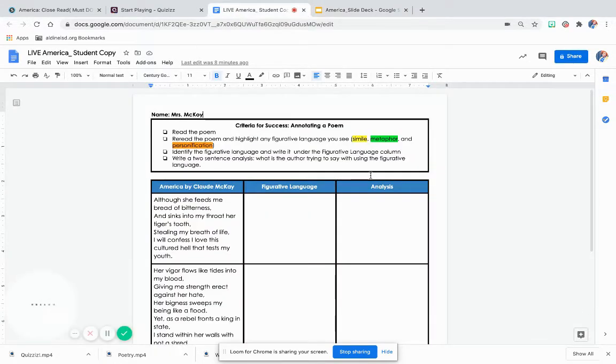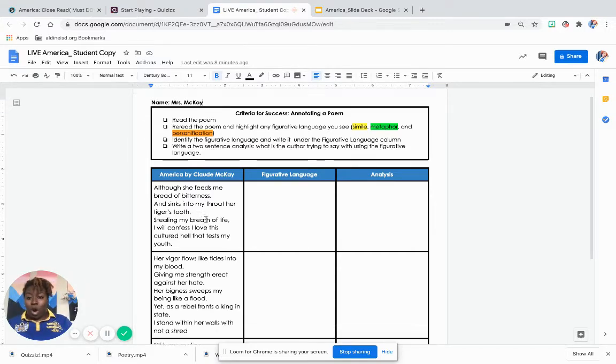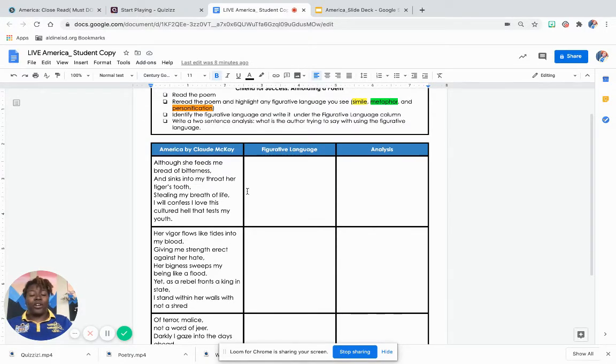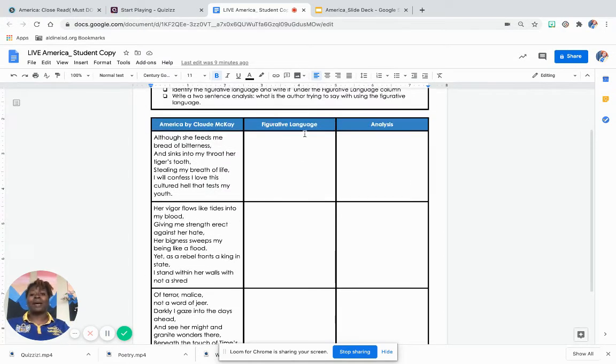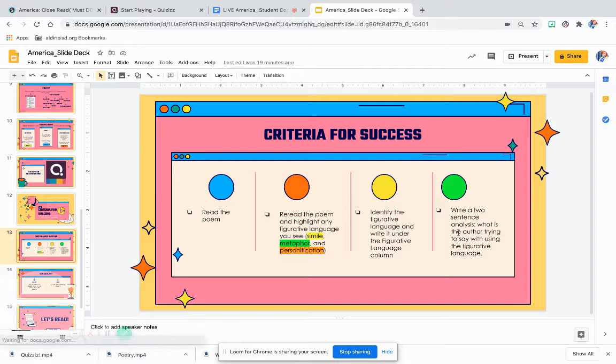Let's go to our handout. So you see, this is the poem on one side. It looks very similar to the one for the text that we've been reading, the memoirs. Except it has an additional column where we're going to identify what figurative language is in each chunk of the poem, or stanzas. Then we're going to write a two-sentence analysis.